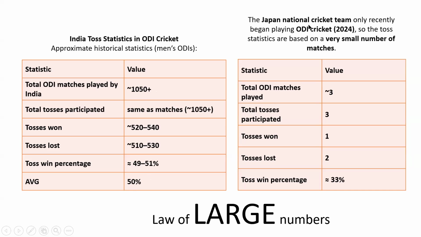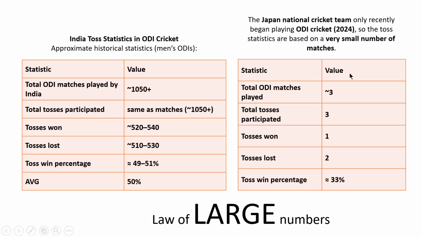Well, let us see the newly joined one-day international cricket team, Japan, who has just joined in 2024 and so far has played only 3 matches. So Japan has undergone 3 one-day internationals and faced 3 tosses till now. Out of 3, Japan has won 1 toss and lost 2 times, so the winning percentage is 33%.